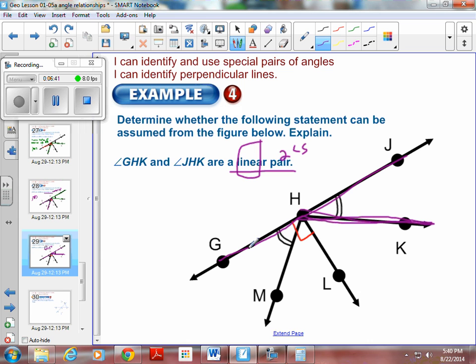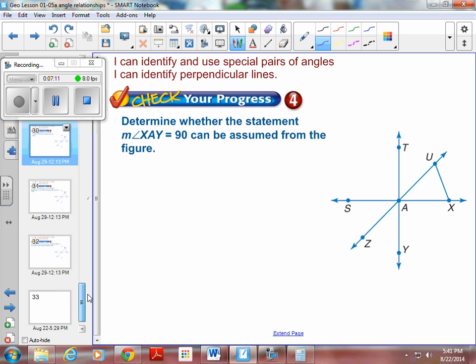Well, GJ is a line, so yes, the two angles have the common vertex, they have a common side, and the other sides that they don't have in common are opposite rays, so they form a line, GJ, as a line. So this one is a yes. Yes, you can determine it. Okay, so again, this is time for you to pause. I've got 3 of them for you to pause and test and see if you've got it right, and then come back and check your work.